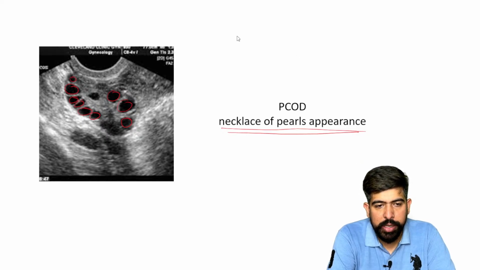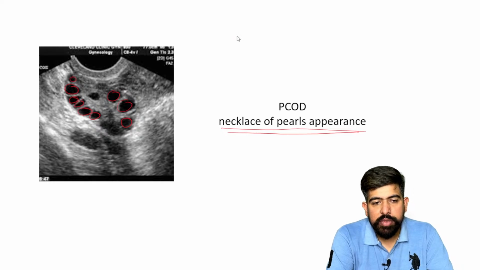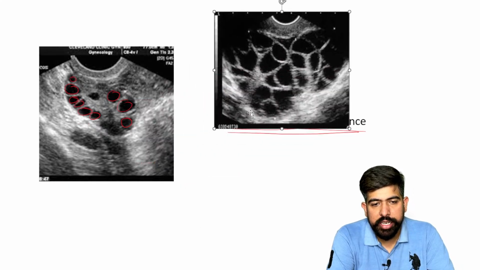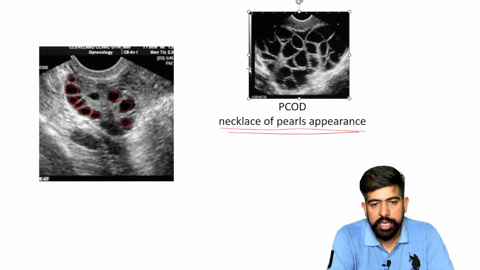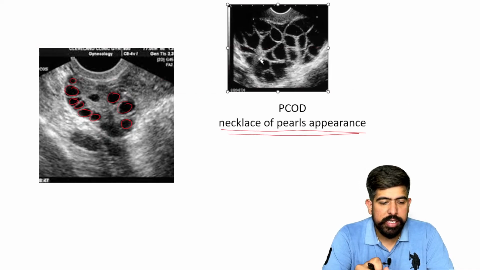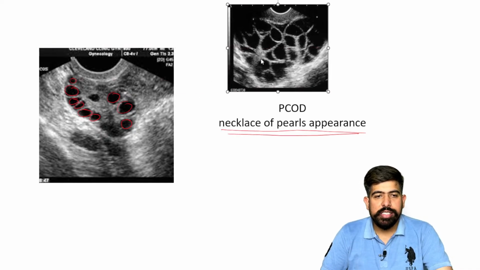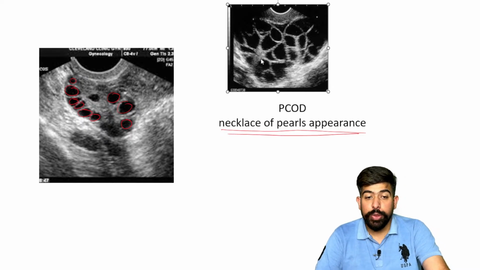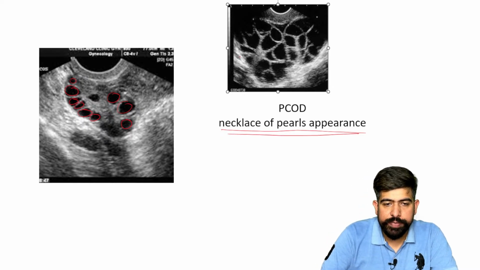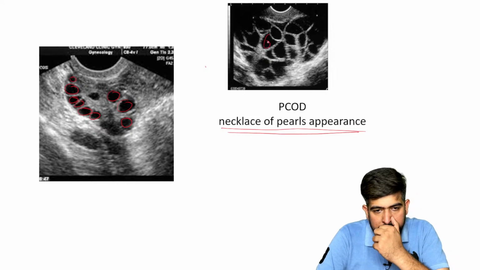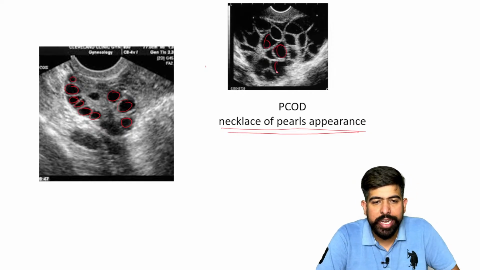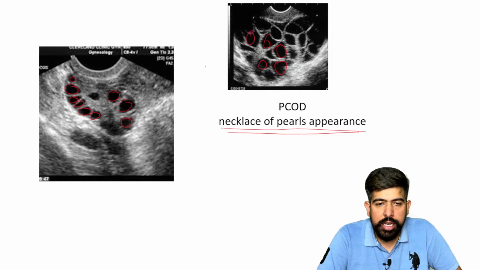This is the necklace of pearls in PCOD. Now the next image which I'm inserting here: you guys can see, is it in the periphery? No, what I can see over here is hyperstimulated, very big follicles over there, right?